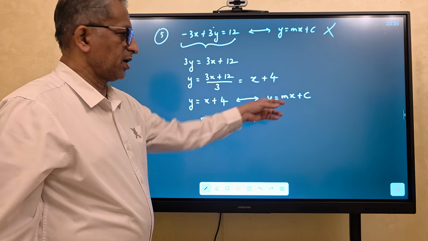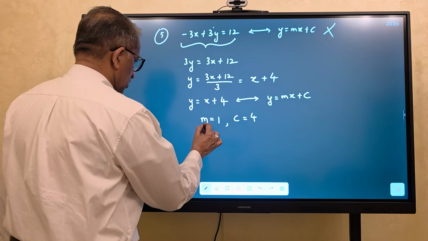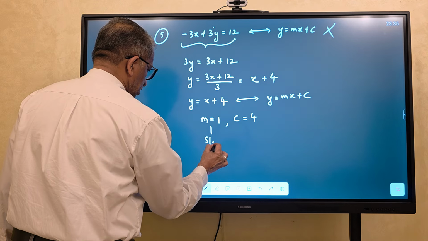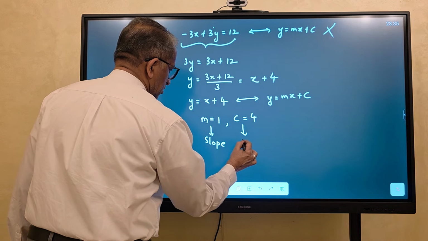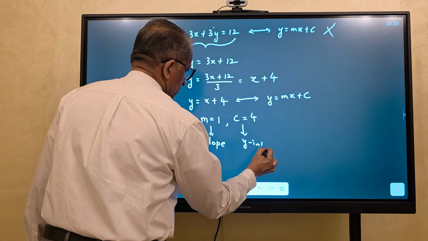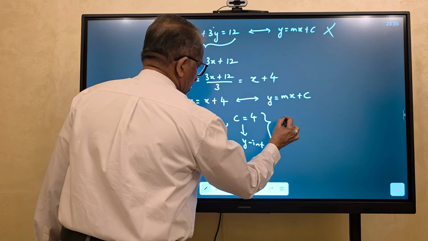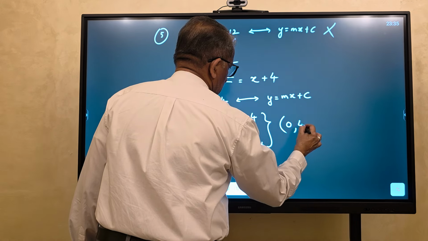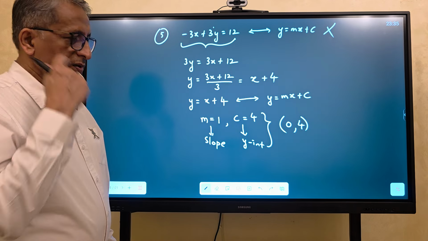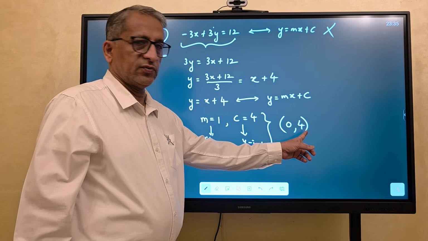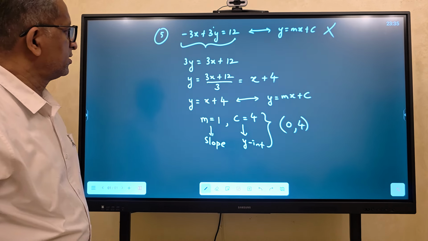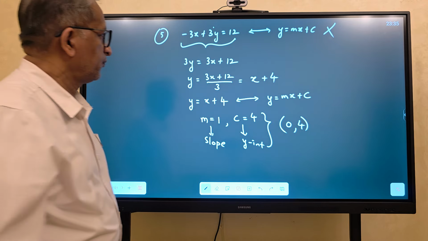If it is minus, then minus 4. So I got the slope, and this is what? The y-intercept. That means I can write it as 0 comma 4. When it is the y-intercept, x is 0. So 0 comma 4. Always write like this. So we got this now.